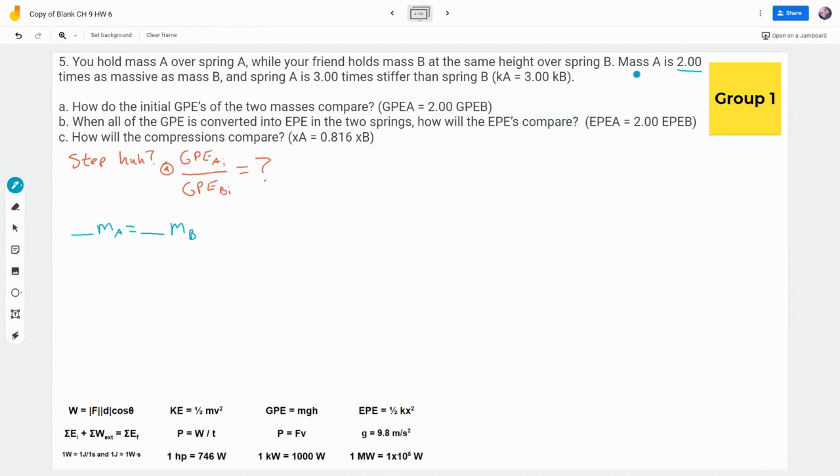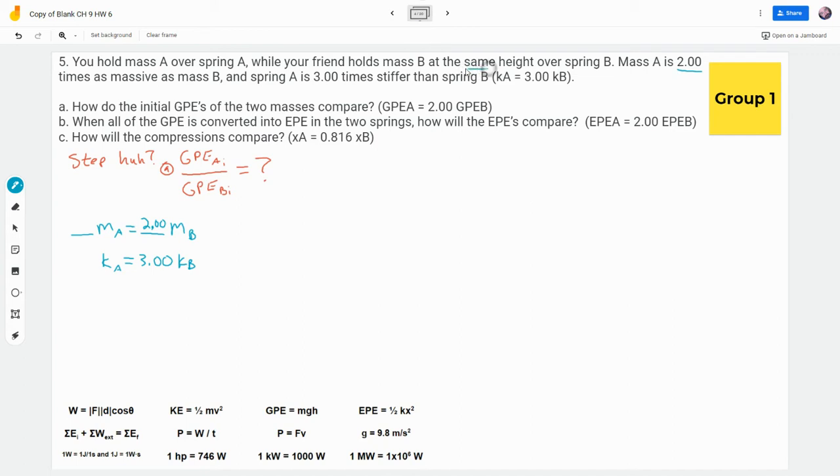So mass A has 2.00 times the mass of mass B, and that number goes on the right. But spring A is 3 times stiffer than spring B, so K sub A is 3.00 K sub B.